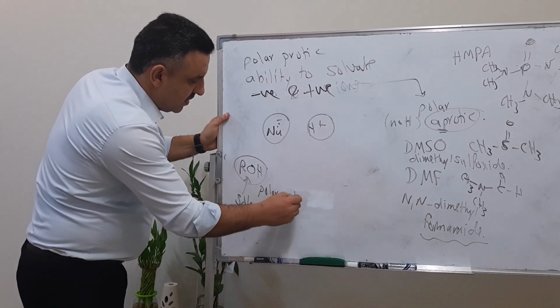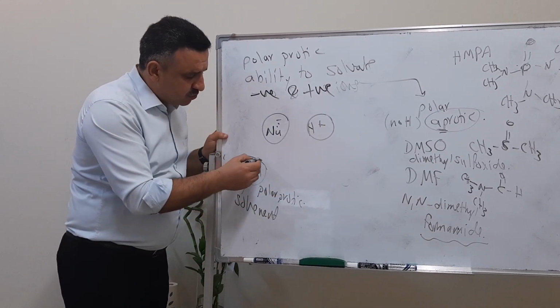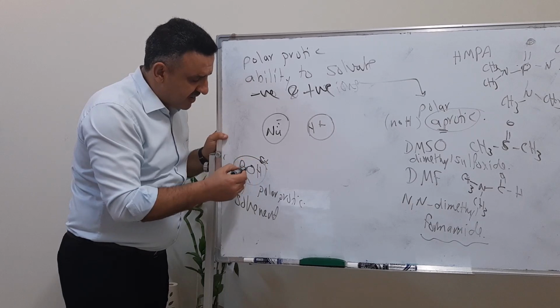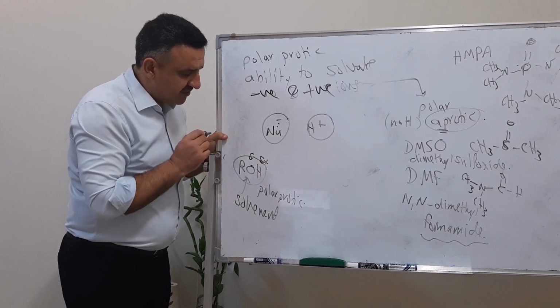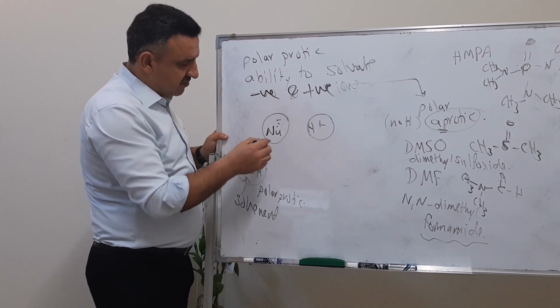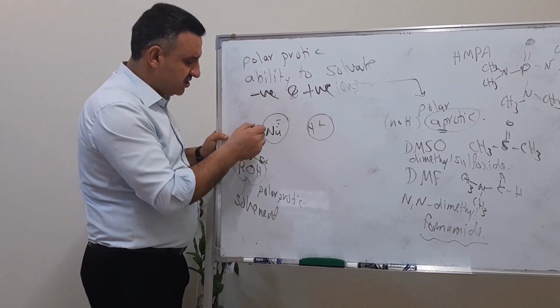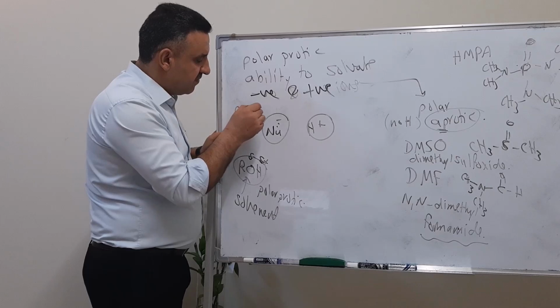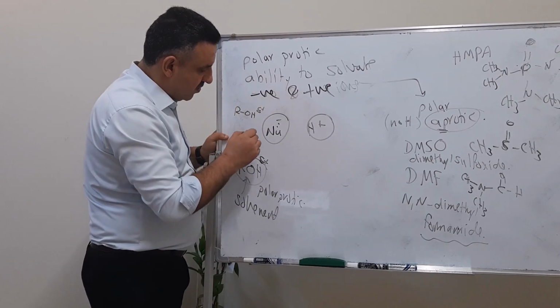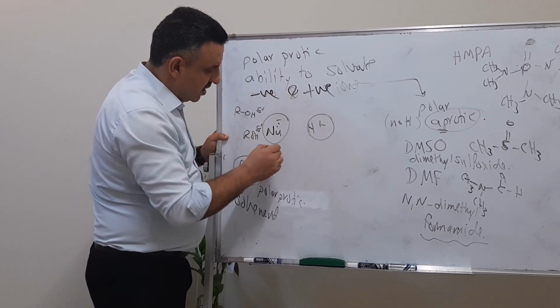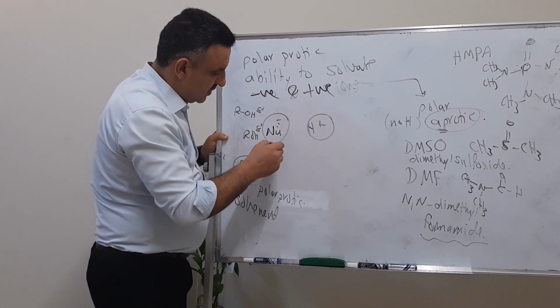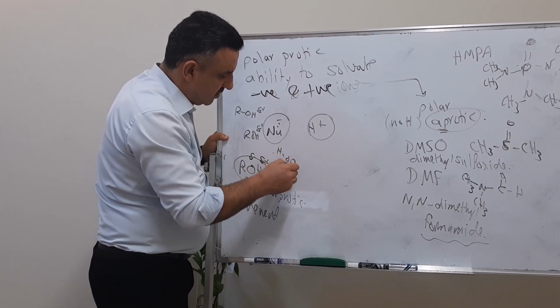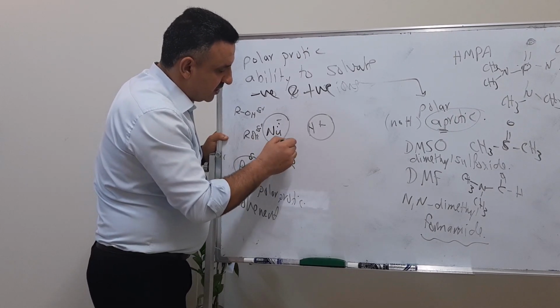It has a partial positive end and a partial negative end. The partial positive will surround the nucleophile, so it will be surrounded by ROH from this side, HOR from this side, and so on.